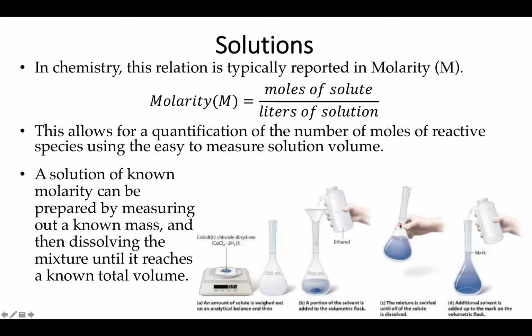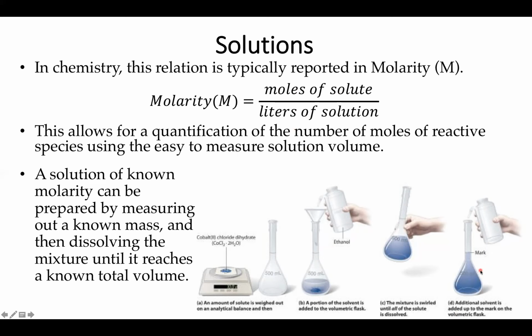And this is because there is a very important caveat when we're looking at molarity. It isn't moles of solute per liters of solvent. In this case, it would be ethanol. It's per liters of solution. So I need to know that when my solute and solvent are mixed together, that gives me a total volume.